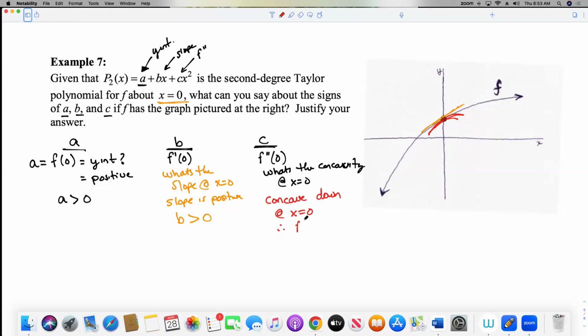Therefore, f double prime at 0 is going to be less than 0, negative. So c will be negative. Now with a question like this, they're not going to go to the jerk function or anything more, because these are the only parts that we can identify without a calculator on a graph.